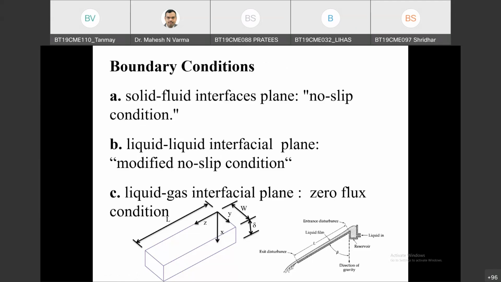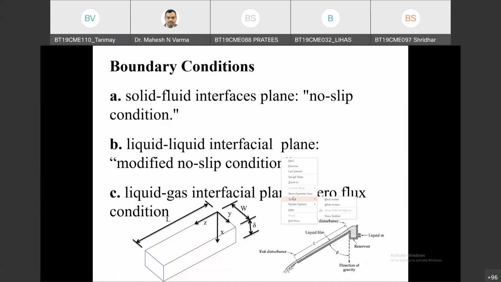So boundary condition C is at the gas liquid interface plane. There the flux will be a zero flux condition at the gas liquid interface, which is nothing but at x equals 0 for all values of z and w on this top layer.